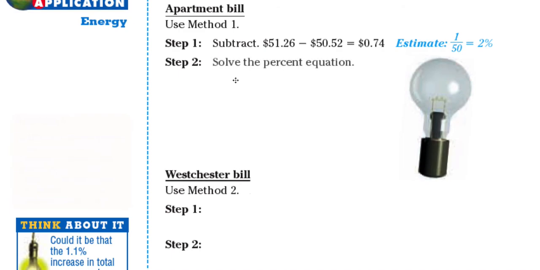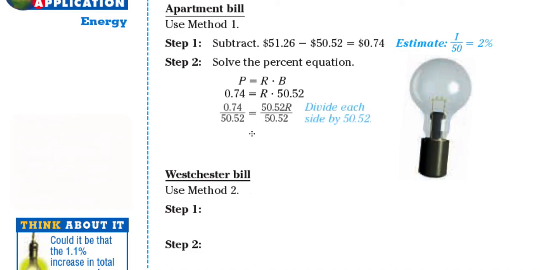To solve the percent equation, again, we use our formula: 0.74 divided by the original amount, which is 50.52, multiply that by 100, will give us 1.5%. So the percent of increase is about 1.5%.